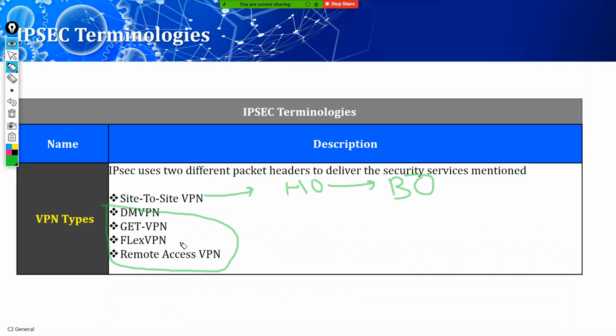Remote access VPN is for the many people who are working from home, especially these days. From their PC, they connect to their office domain using a VPN client protocol.